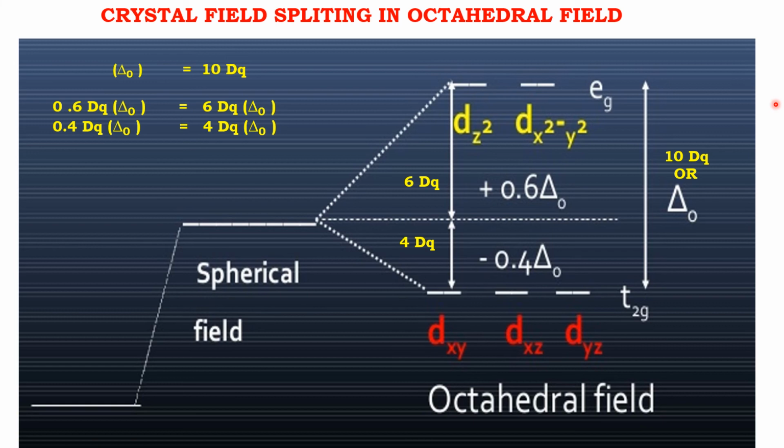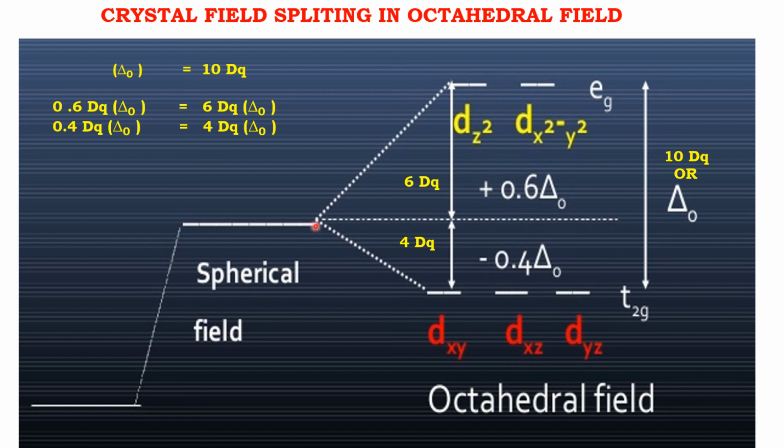So see here, more clear. This is the spherical field. All the 5 d orbitals are remaining together. Now who came? Ligand field came.